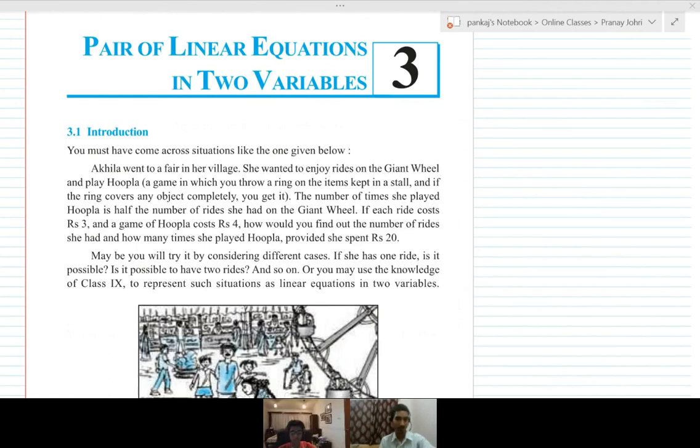Let me give an example. 2x square plus 3x plus 2. So what is this? Equation, or polynomial, or expression? Equation. So equation basically, if you see, we equate something. We have not equated anything here.